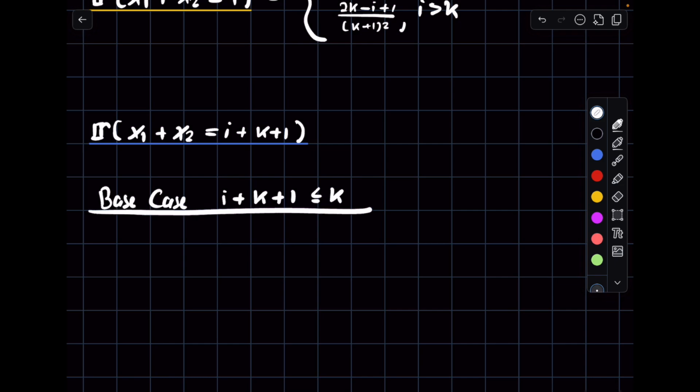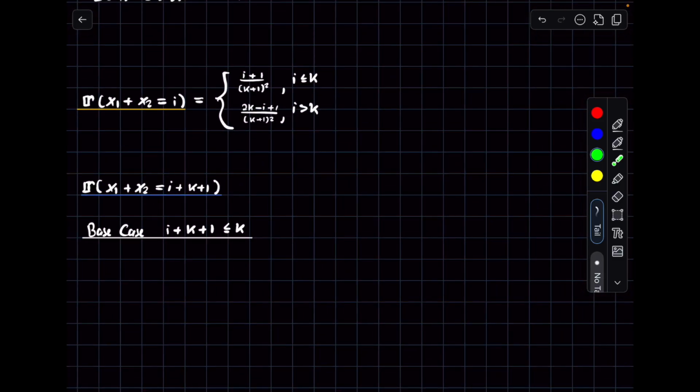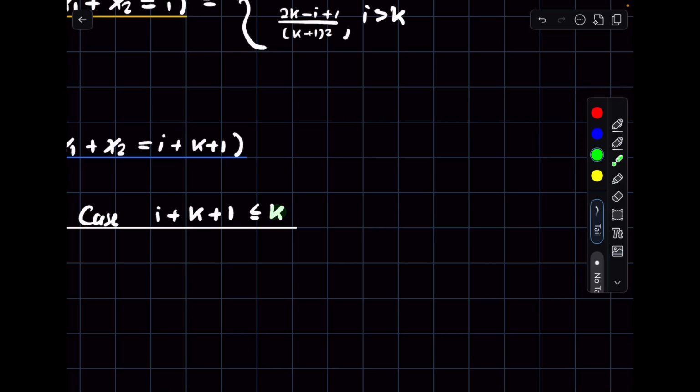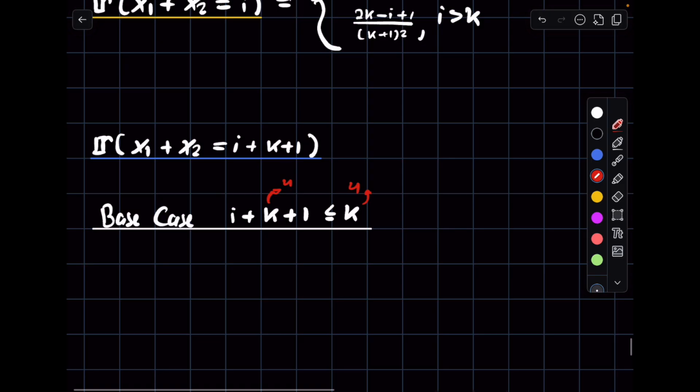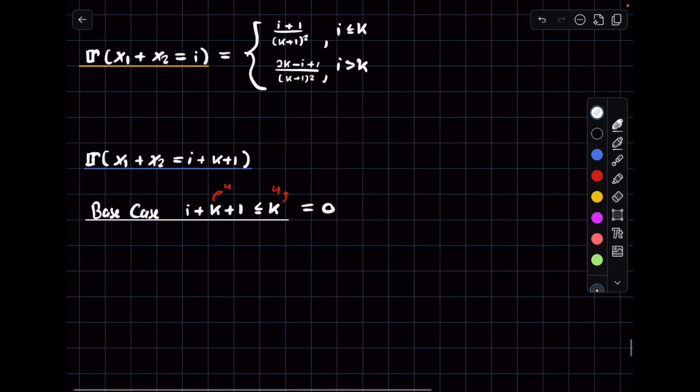This is quite weird, because imagine this value is 4, and we're taking the same number 4. What's the probability of finding some pairs that when you add, you get a smaller number than 4? It makes no sense because we're not working with negative numbers in this case. So it's not possible. Therefore, this is equal to 0, the base case.